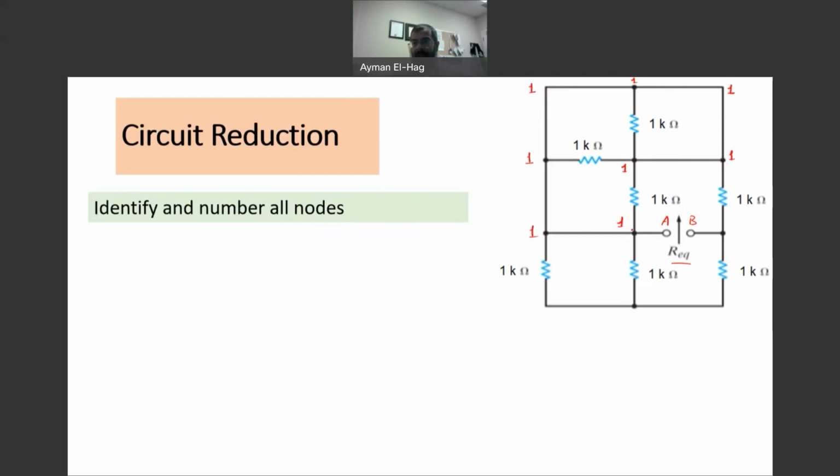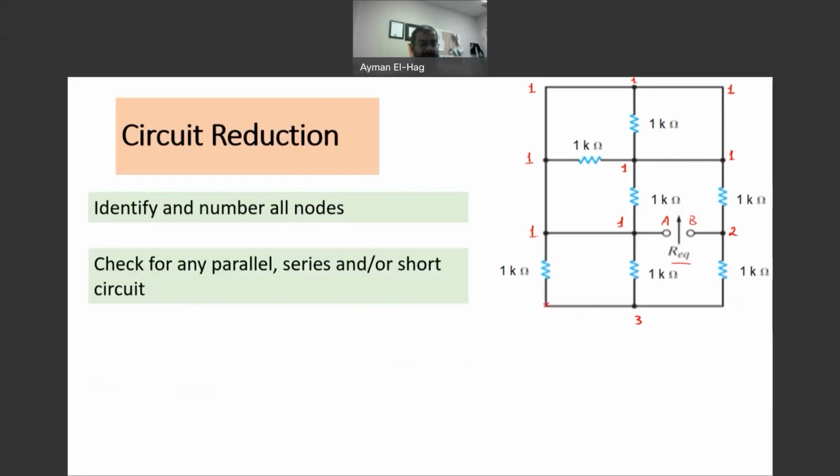Then we will have this as my second node, and this will be my third node. That's it. So we have only three nodes because these points are all the same. This and this and this. So we have three nodes. And this, as we'll see now, is very crucial to decide what is parallel and what is series.